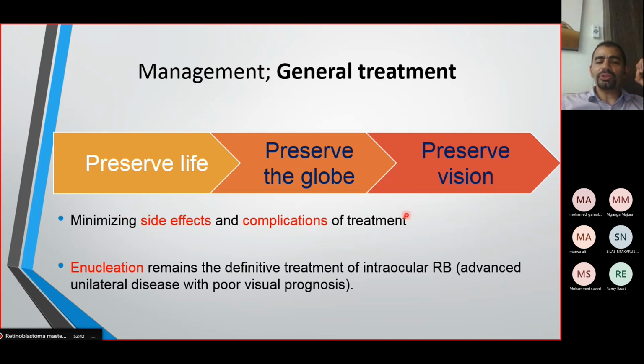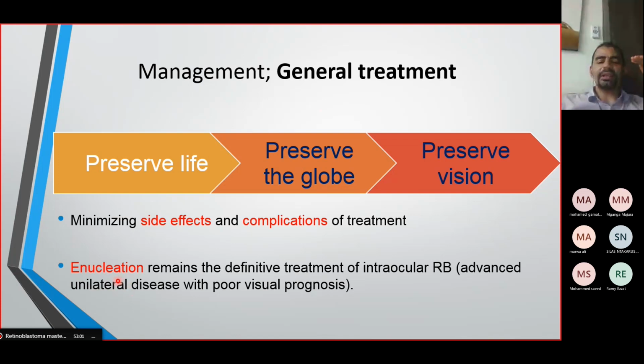While we do the treatment, we need to understand that the treatment has side effects and complications, so we need to minimize that. We need to know that the definitive treatment of intraocular retinoblastoma remains enucleation. So this is the radical treatment.